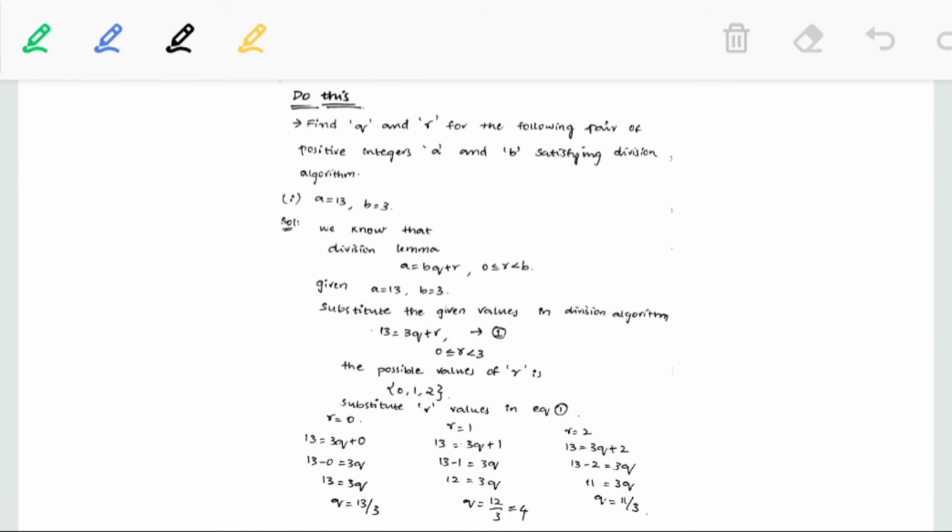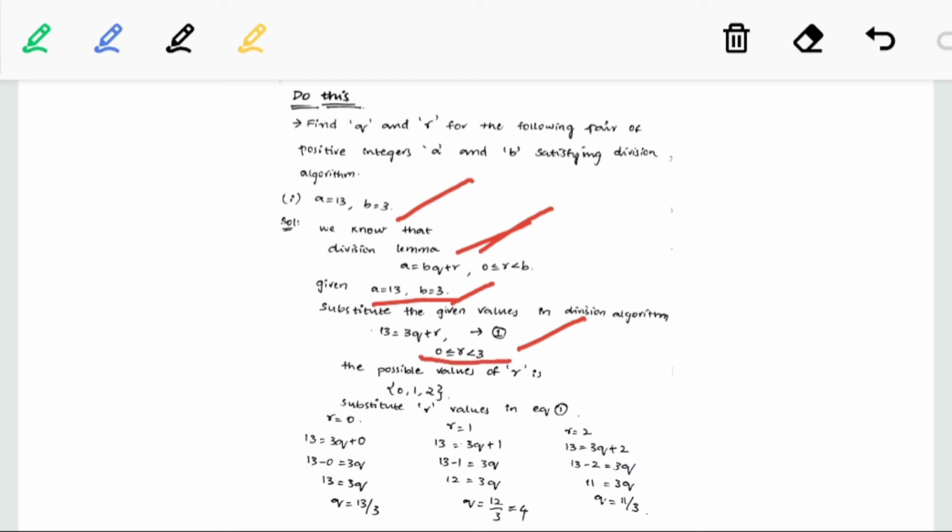Now I'll quickly recap what we have done in question number 1, that is A equal to 13 and B equal to 3. We wrote what we know, that is the division lemma and the given data, and we substituted the given values in the division lemma and got equation 1.